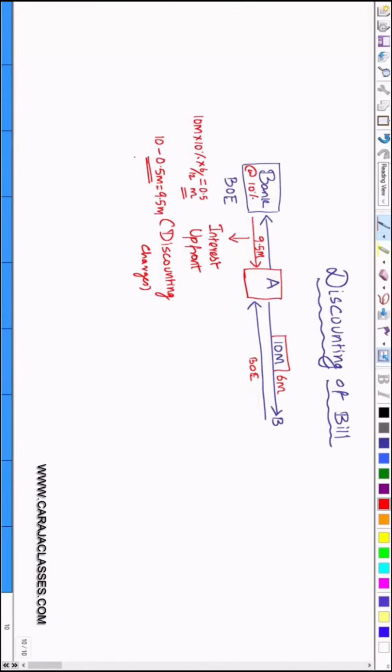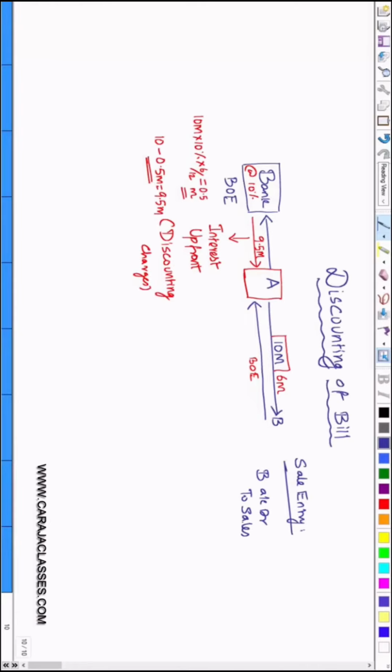Right? Now let us try to understand the accounting aspect. When A sells to B, it is a normal credit sale, right? When A sells to B, that is a sale entry. Sale entry is normal, that is B account debit to sales account.